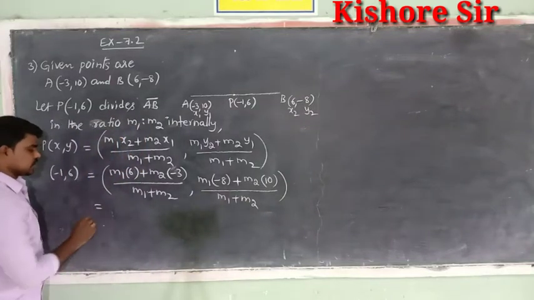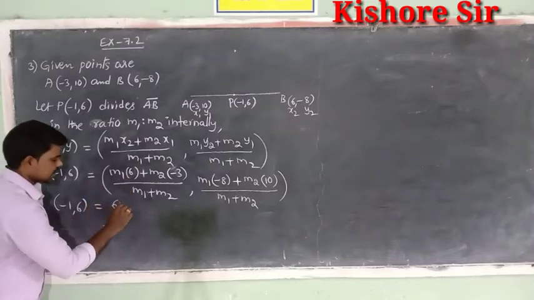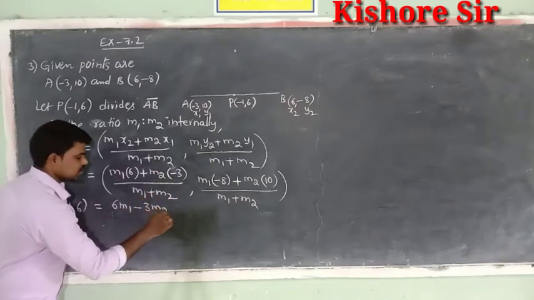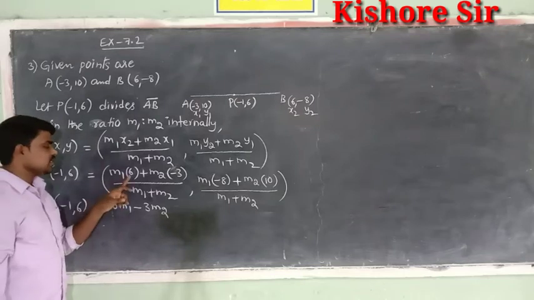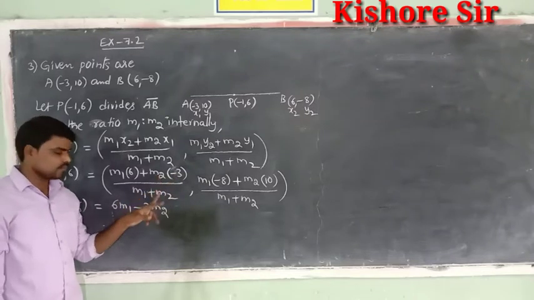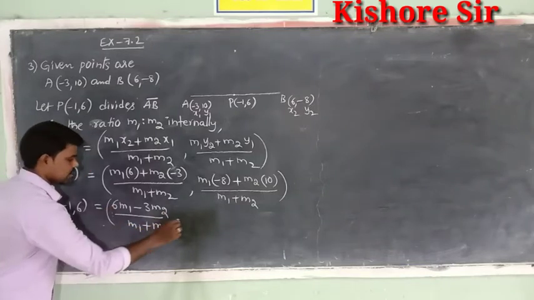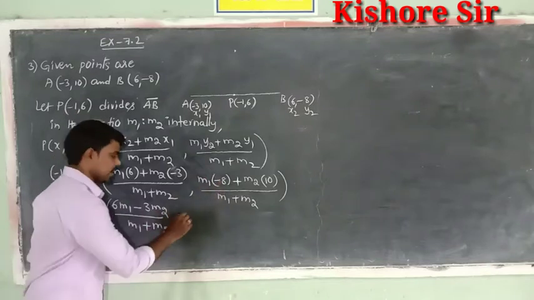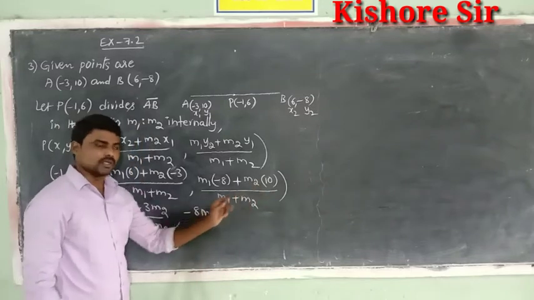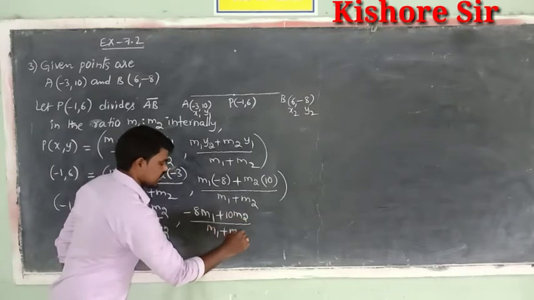So (-1, 6) is equal to 6 into m1, 6m1, plus minus 3 into m2, 3m2, by m1 plus m2, and minus 8 into m1, 8m1, plus 10 into m2, 10m2, by m1 plus m2.